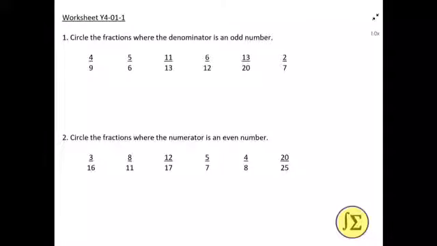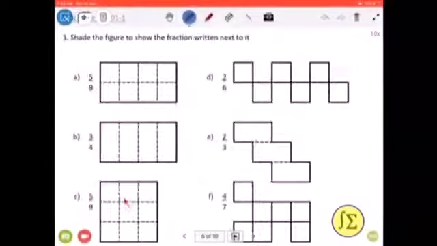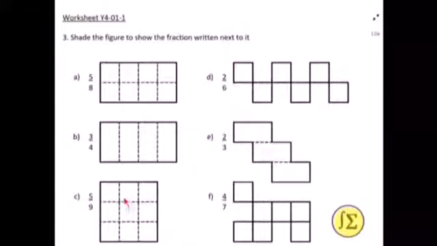I've got some questions here in the form of a worksheet based on today's lesson. I'd like you to try them out, and I will provide the answers in my next video. Here are questions 1 and 2. This is question 3.